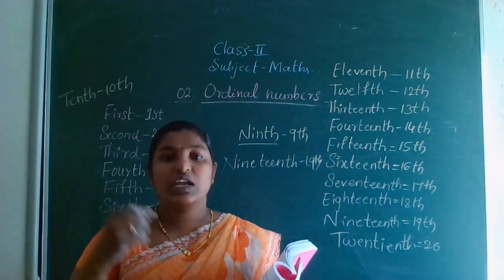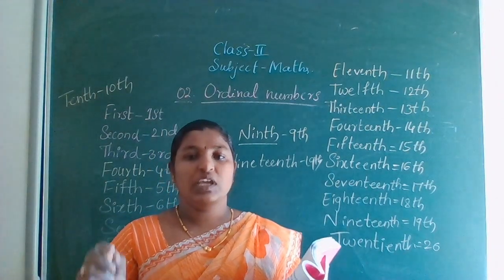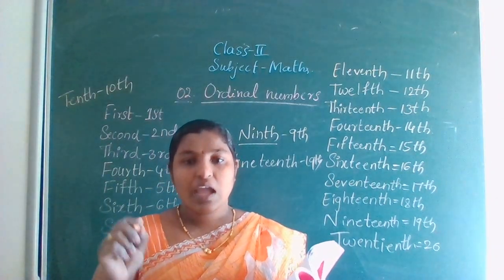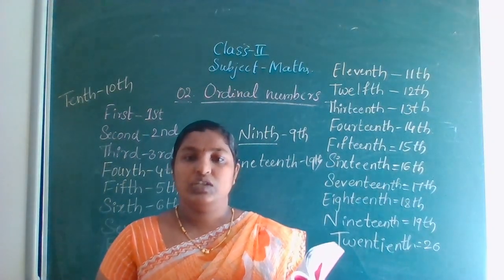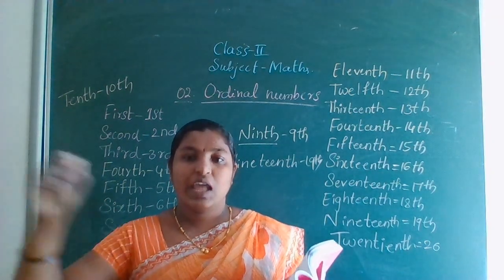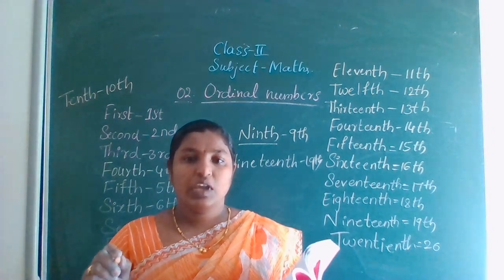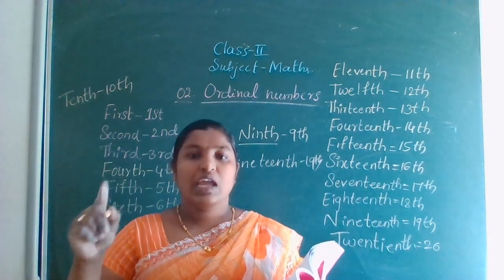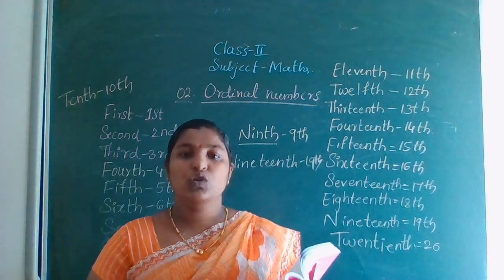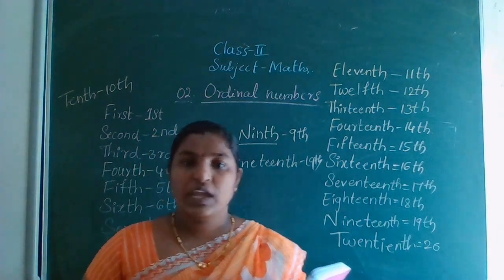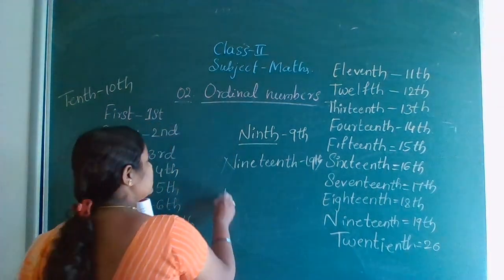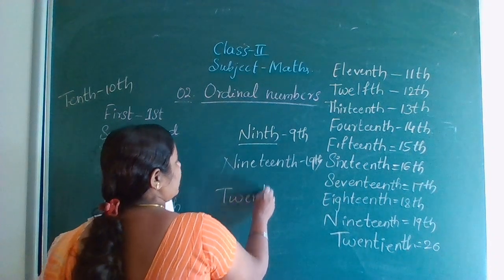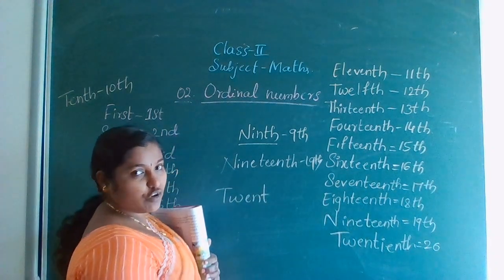20th. Twentieth. You should write eth. Twentieth. You should add IE there. Twent, 20, how should you write? Twenty, you used to write for 20.